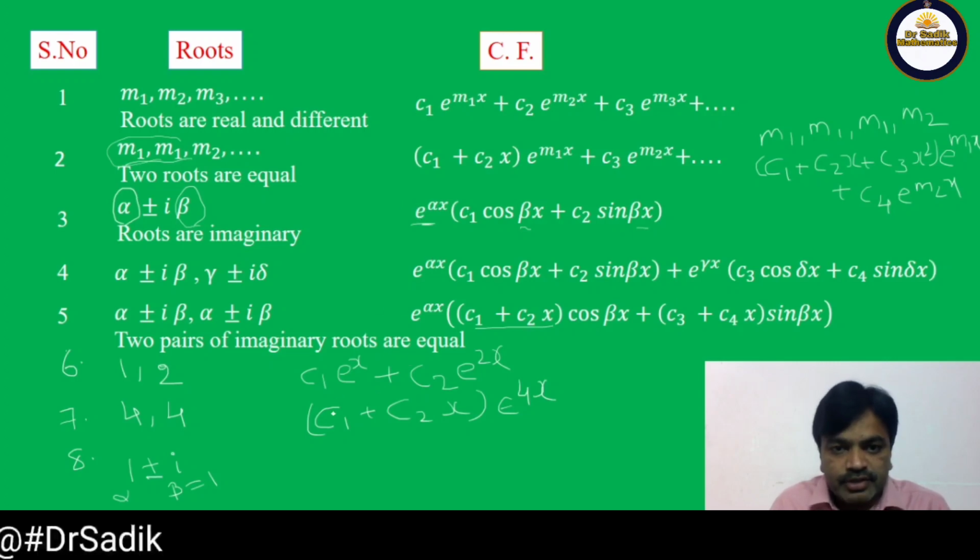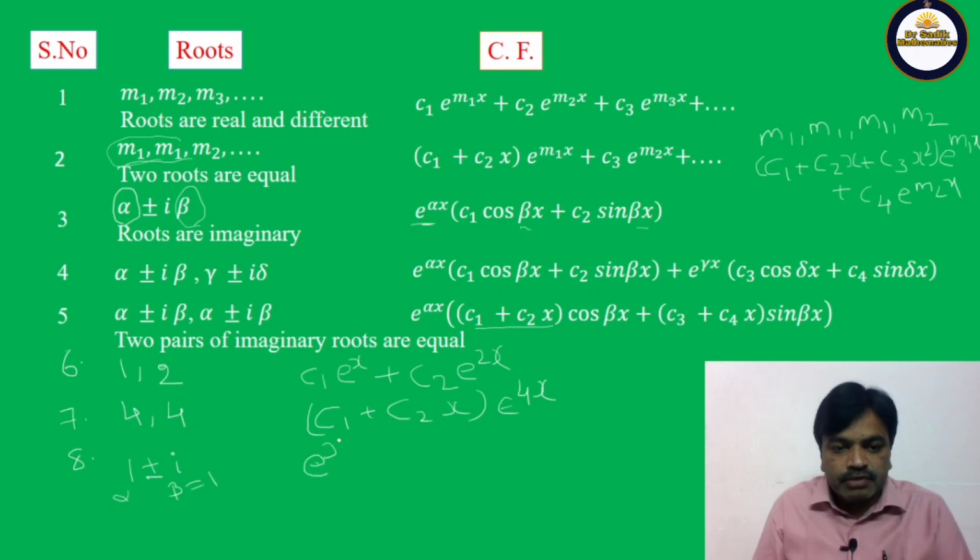e power alpha x. So alpha value is 1, so e power 1 into x, bracket c1 cos beta x. What is the beta value? 1.